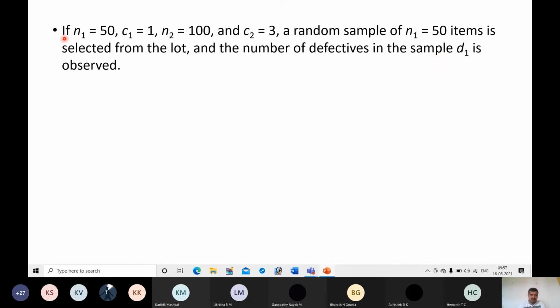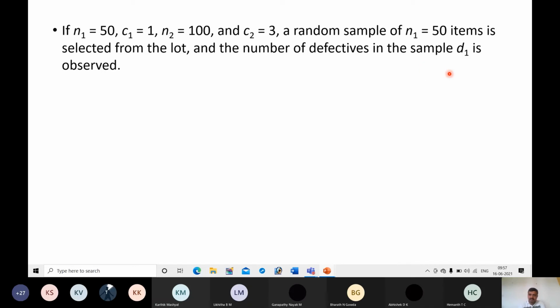For this double sampling plan, N1, C1, N2, C2 are specified. You pick only 50 items for inspection, that is N1. This is the first set of samples collected. After inspection you get the number of defectives, denoted by D1.